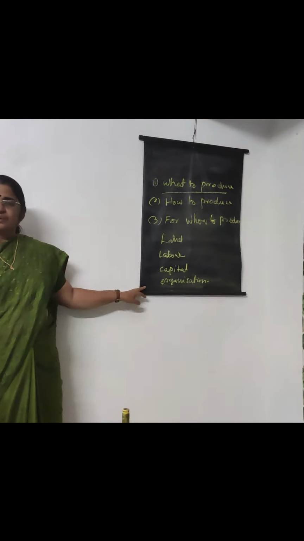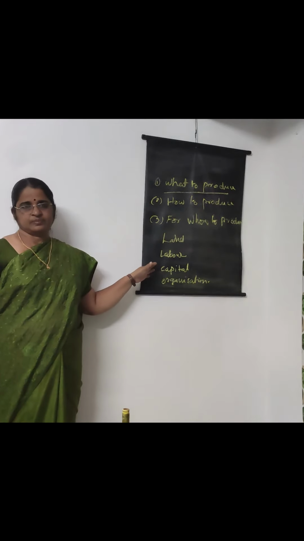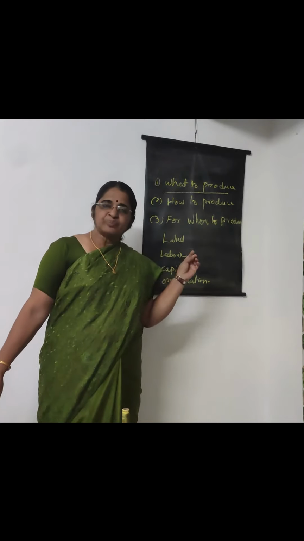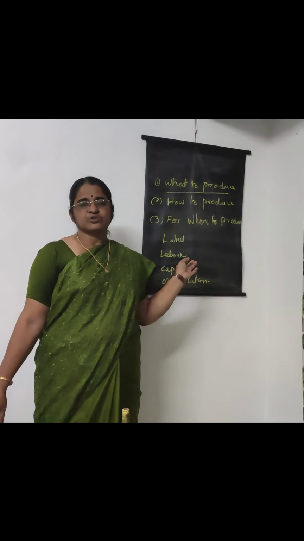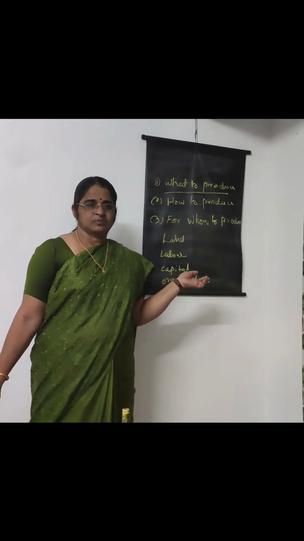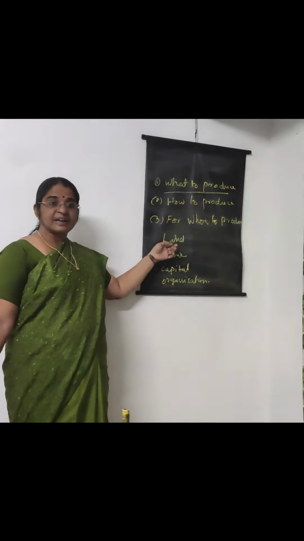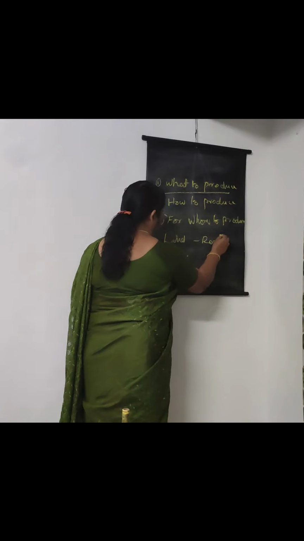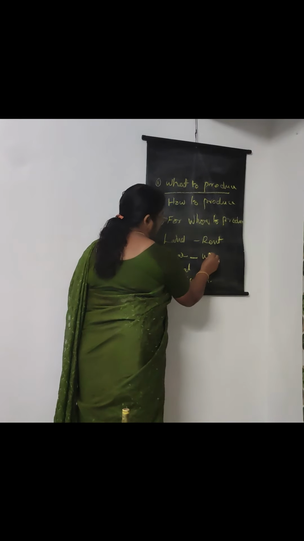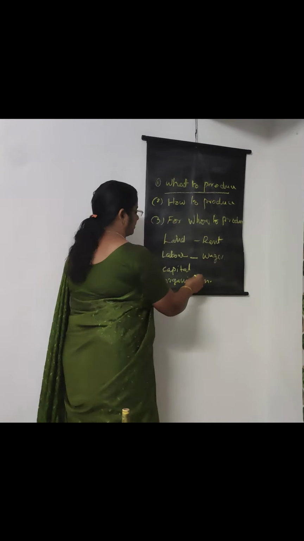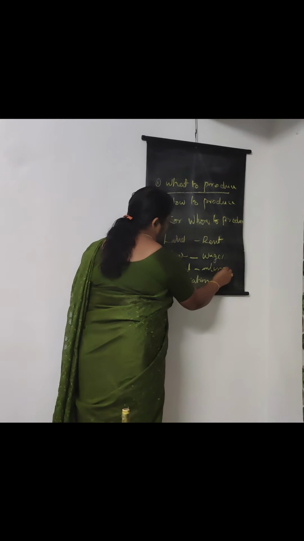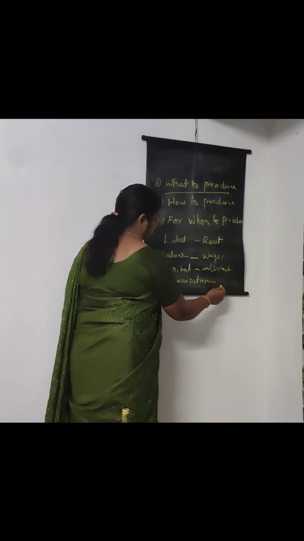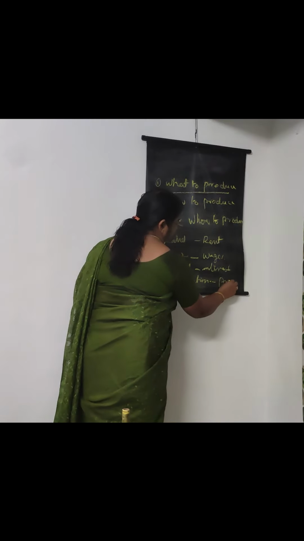We have to make payment for these factors of production. For example, we have to pay rent for land, wages for labor, interest for capital, and profit for organization.